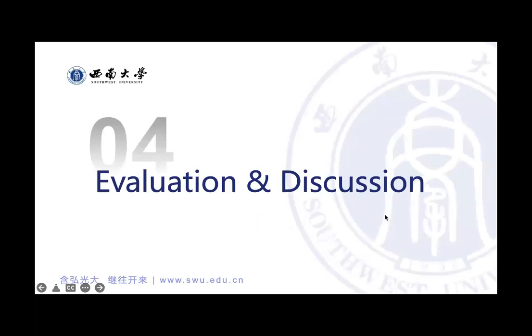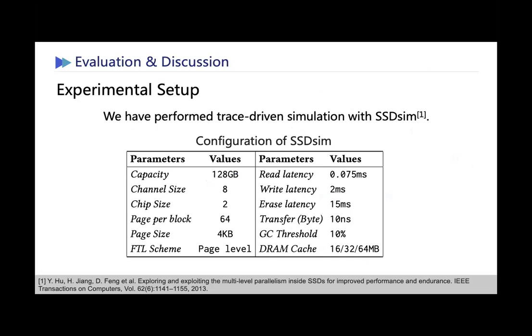We have carried out certain tests to evaluate the proposed approach. We implement our proposal in the SSD simulator. In this paper, the DRAM cache is set to 16, 32, and 64 MB.